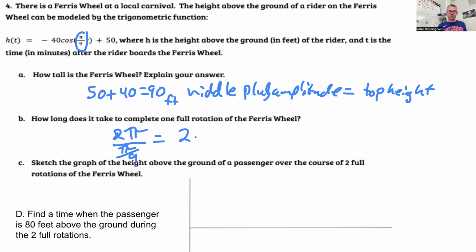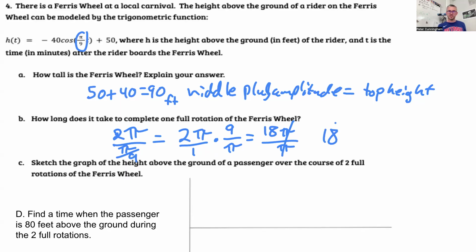So you might just want to write it as 2 pi, keep change flip. All right, keep the 2 pi. Change division to multiplication, and then flip the fraction to 9 over pi. So 2 times 9 is 18 pi. 1 times pi is pi. The pi's cross off.